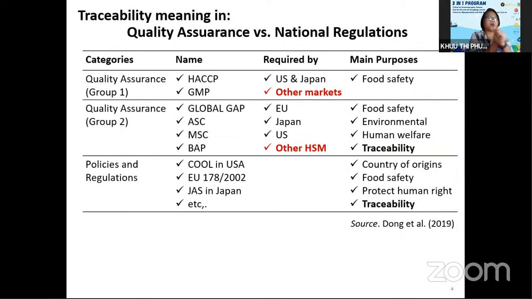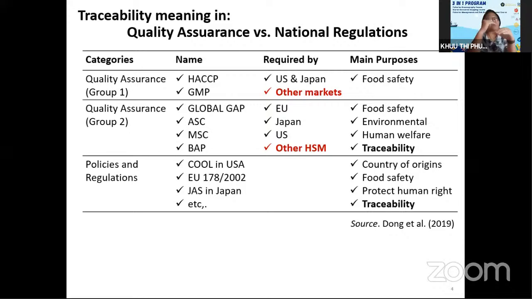The first group includes certifications whose main purpose focuses on food safety only, like HACCP or GMP. Those certifications are applied in the factory, or in processing or pre-processing companies.